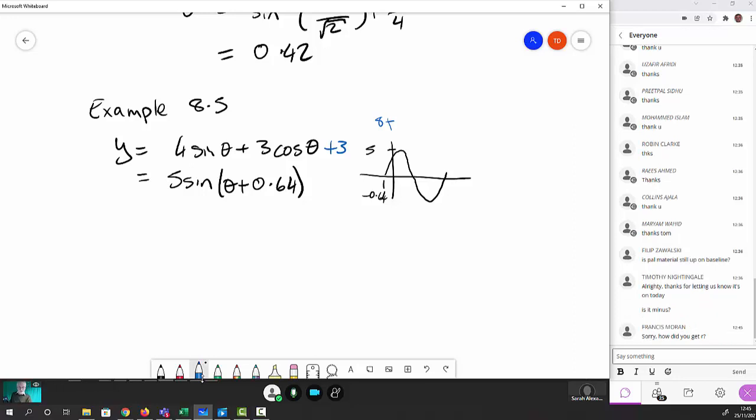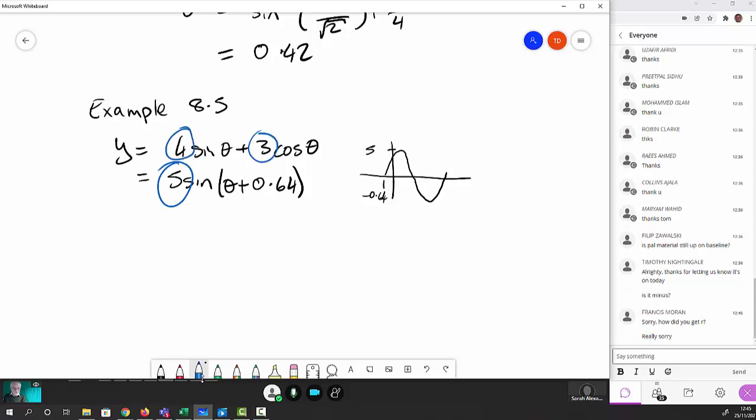Francis, let me just undo this bit that I'm talking about here. The 5 here is equal to the square root of 4 squared plus 3 squared. Don't worry, the only stupid question is the one you don't ask. So if you're not with it, you just ask the question every time. 4 squared is 16, 3 squared is 9, 16 plus 9 is 25.